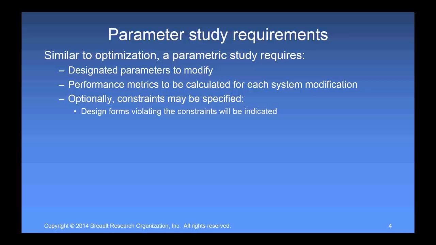You also can apply constraints, where design forms that violate the constraints will be indicated. Again, no optimization to move away from the violating condition, but it will be indicated when some type of dimensional constraint, whether it be an area, a length, a volume, is violated by one of these iterative designs.